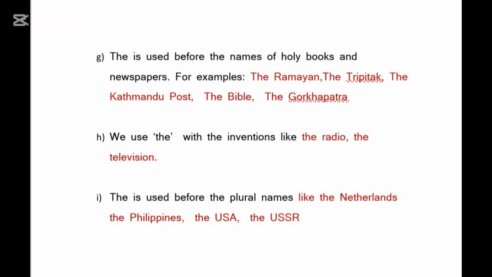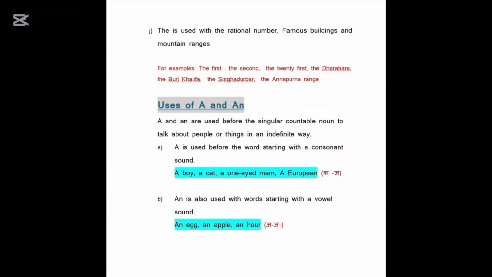If we have to talk about sacred or holy books, we also have to use the article. Next are inventions. Before inventions, we also use the, like the radio, the television, the telephone, and so on. Point I, I recently talked about it as well. If you have to talk about any plural nouns indicating any geographical region or abbreviations, then we use the article.